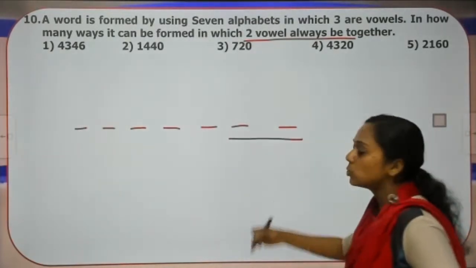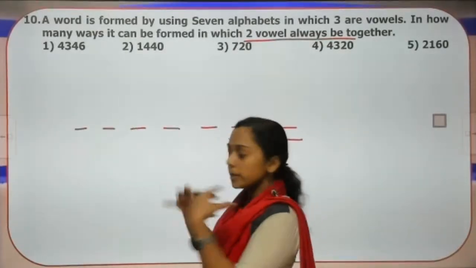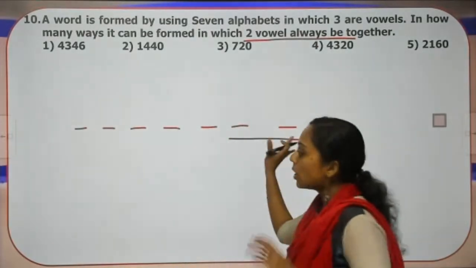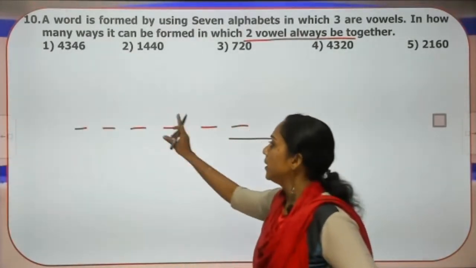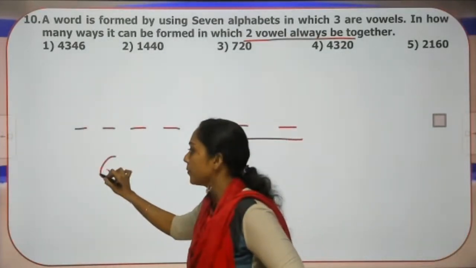So give these 2 vowels a single seat. Okay, so here you see, when you are looking from outside, how many letters are there? 1, 2, 3, 4, 5 and 6. So these 6 letters can be arranged in 6 factorial ways.